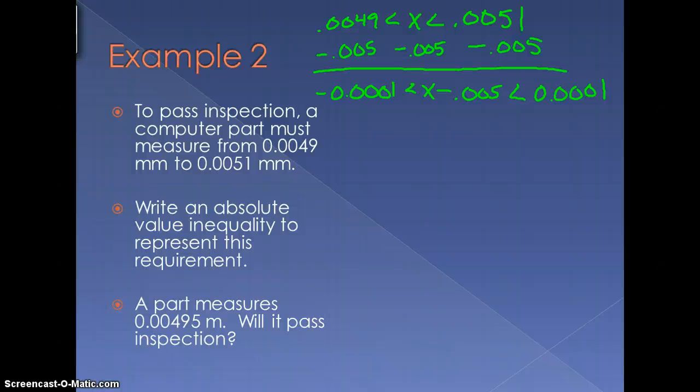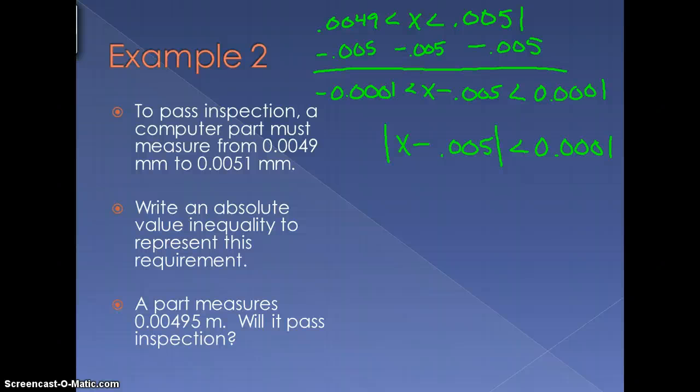I rewrite this as the absolute value of x minus 0.005 is less than 0.0001. That is our absolute value inequality. We are checking to make sure everything is within 0.0001. That is our margin of error in this case.